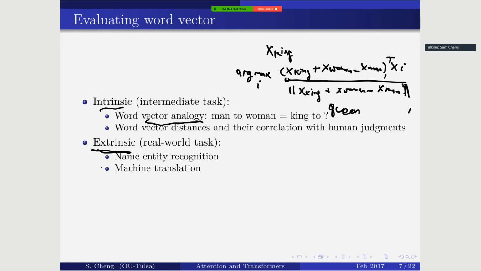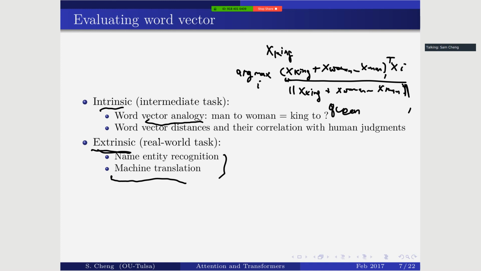The extrinsic one is more like the real-world one, using, for example, machine translation. But of course, evaluating the word vector with this kind of task is more expensive, you need more computation. If you evaluate with just word vector analogy, like the example I gave you, it will be easier because people have already built datasets for that.